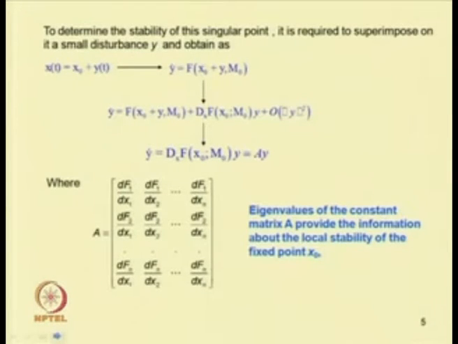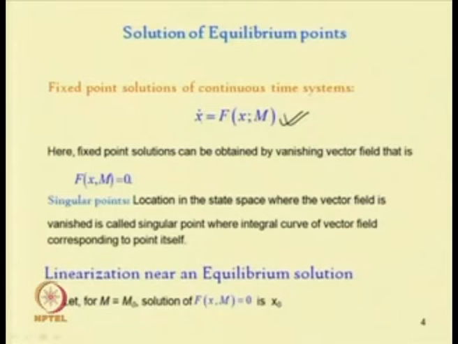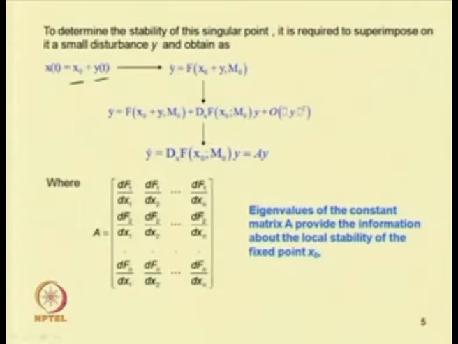Let x0 be the equilibrium solution, and we give a small perturbation y(t) to the solution, so x(t) equal to x0 plus y(t). Substituting in the original equation x dot equal to f(x, m), we can write y dot equal to f(x0 plus y, m), and so y dot equal to d_x f(x0, m) y, or A y, where A is the Jacobian matrix of the system. Now by finding the eigenvalues of this Jacobian matrix, we can study the stability of the system.